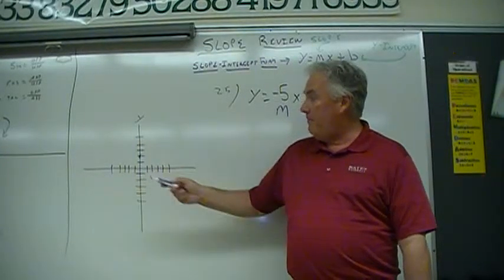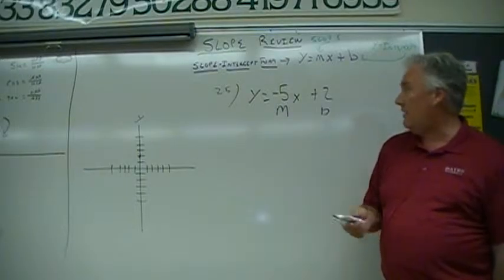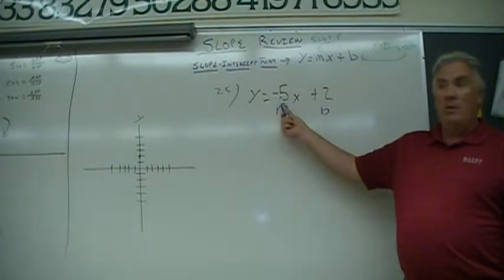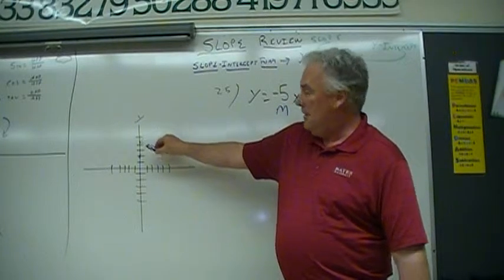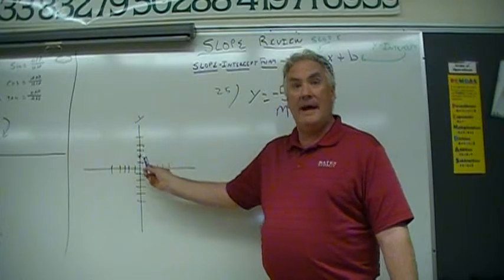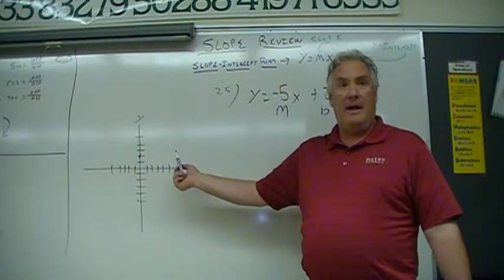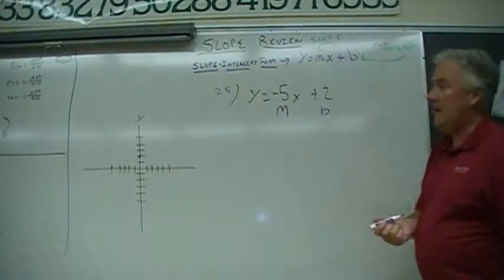We put that point right on the y-axis because that's where it crosses the y-axis. Now, if this is a negative slope, which way is it going to go? Are we going to go uphill or downhill with a negative slope? Downhill. So that slope is negative, so we're going to be going downhill.